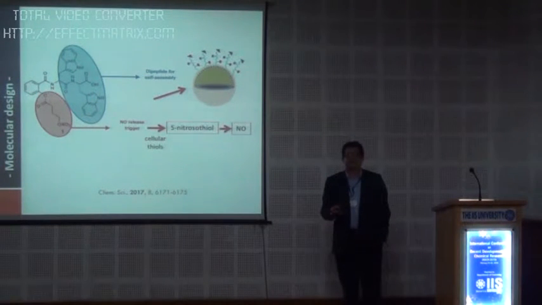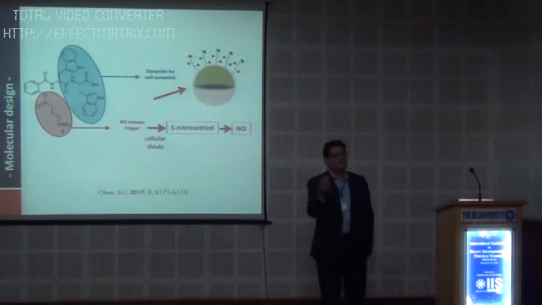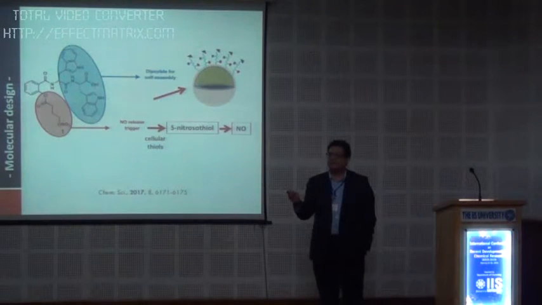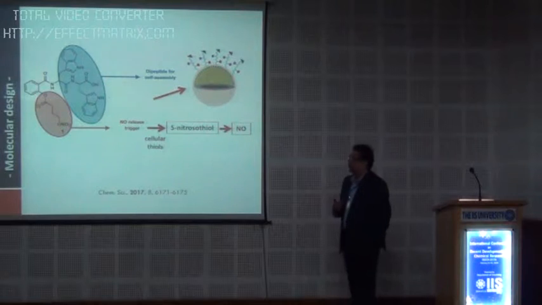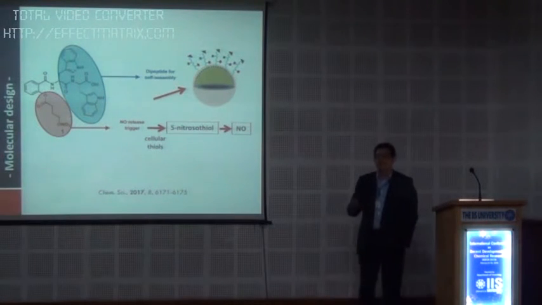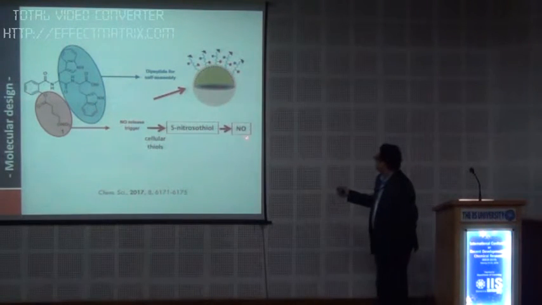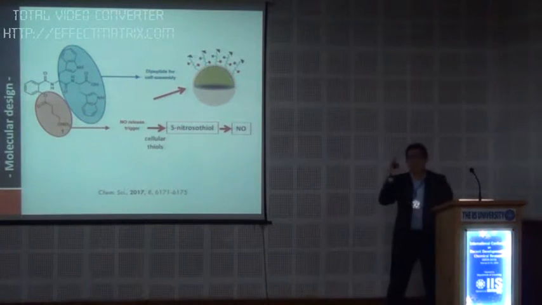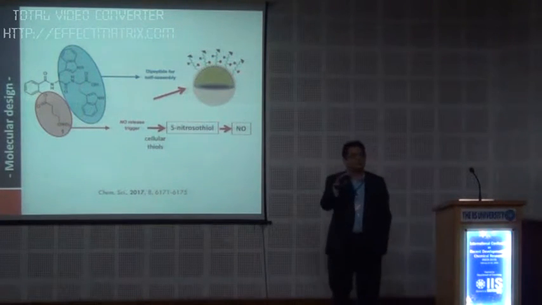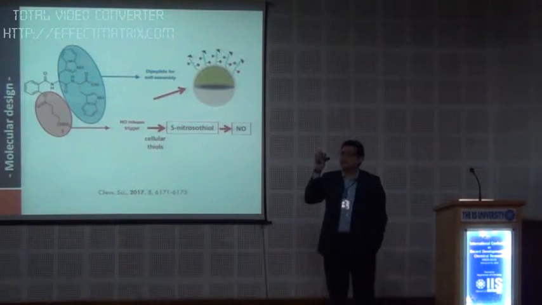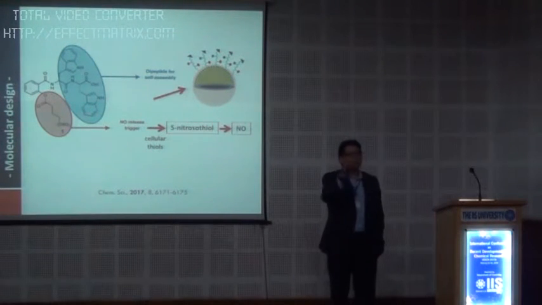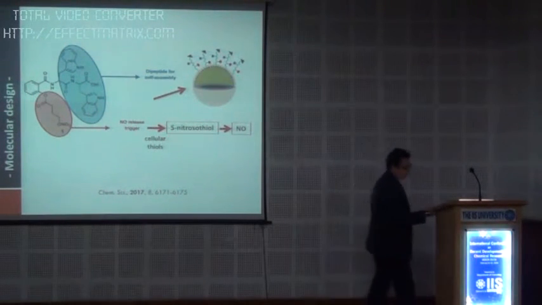That was our design strategy. We synthesized this molecule with a twofold approach: self-assembly, offering a delivery vehicle which will be self-immolative, if you will, and react with the cellular thiols to release nitric oxide at a certain concentration, so that you can maintain the therapeutic value of the gas and not get neurotoxicity.